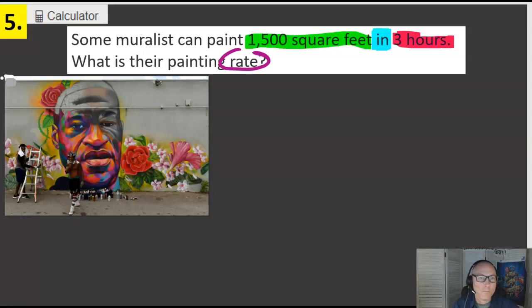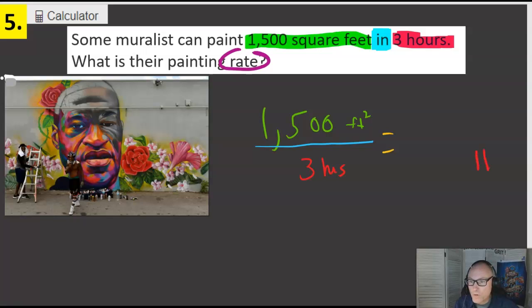All right, let's set it up. 1,500 square feet per every 3 hours. So let's turn that into 1. How many for 1 hour?